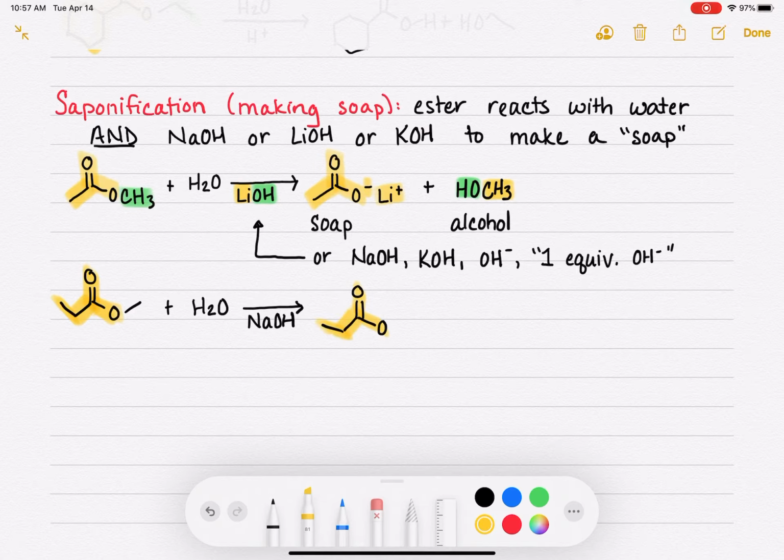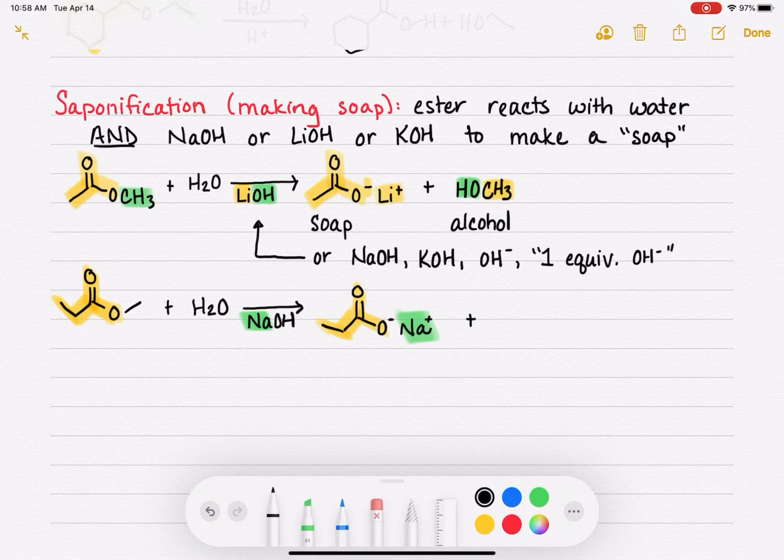And we are going to take the cation of the NaOH, LiOH, whatever it is. We're going to put charges. The oxygen gets a negative charge. The sodium, in this case, gets a positive charge. If it was a potassium, it would also get a positive charge. So there's that piece right there.